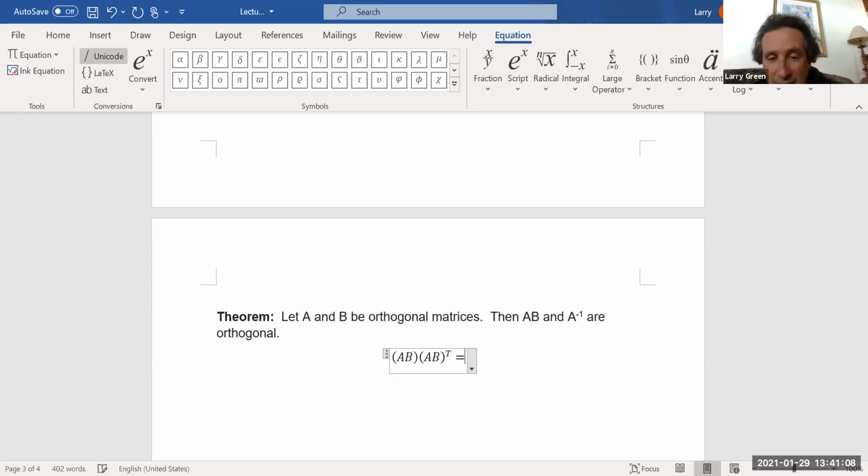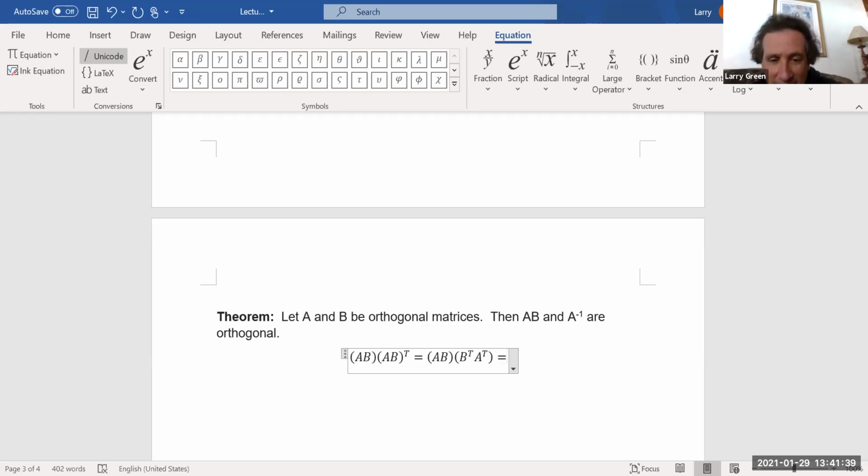So now we have to go and do it, and we have to use some properties. So that's going to be equal to AB times AB transpose, which is B transpose A transpose. That was a formula we had. Nothing to do with orthogonal. That's just always true. But the associative property of multiplication works for matrices, so I can move my parentheses around.